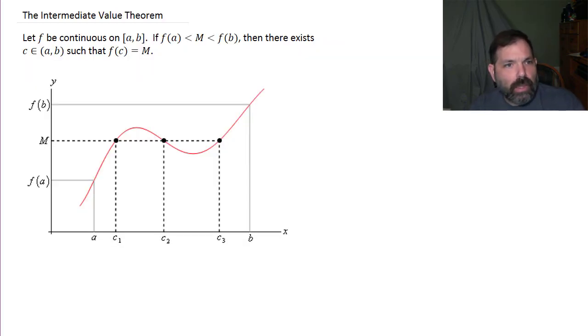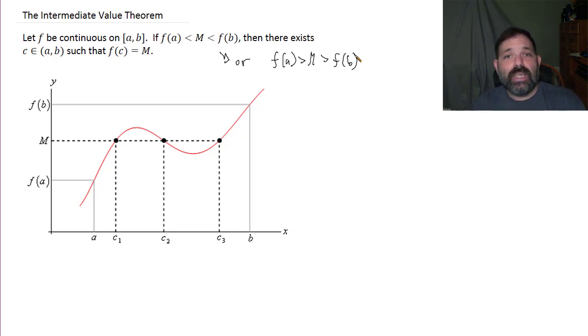Basically it states that if we have a function that's continuous on a closed interval [a, b], and if f of a is less than f of b, and m is some number between them, and really we could say or f of a is greater than m, which is greater than f of b, it's a similar statement, then there must be some c on the open interval (a, b) such that the function evaluated at that c is equal to m.